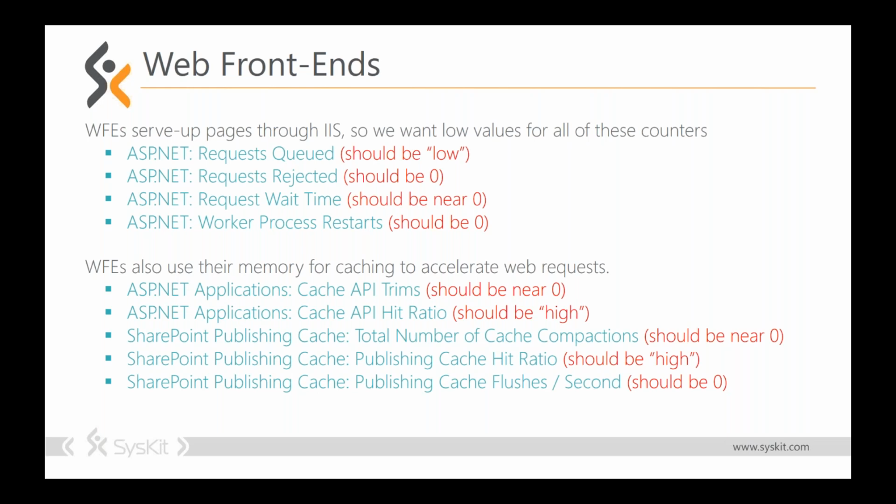In fact, you're still in the mid to high 90s if you have a 1 day where you are not hitting the cache. So the cache hit ratio did not become a good counter to use for checking instantaneous memory changes. What we ended up using was the number of cache compactions, and that should be near 0.